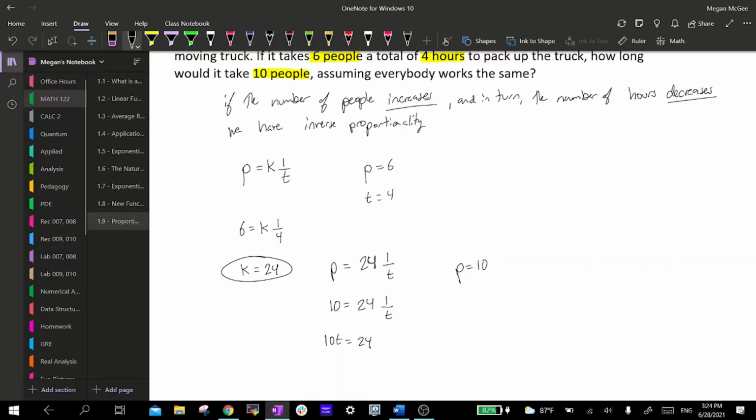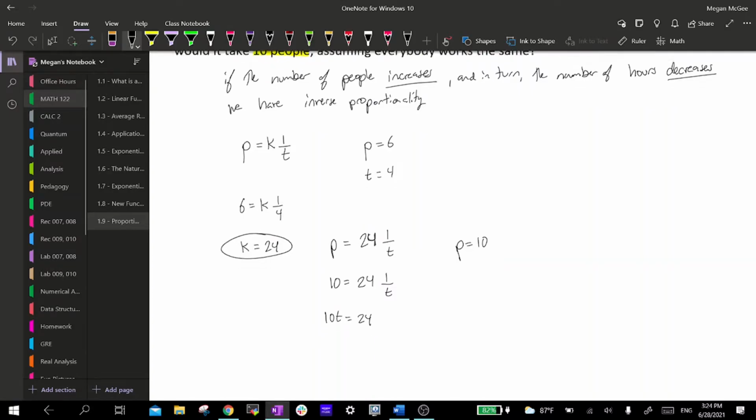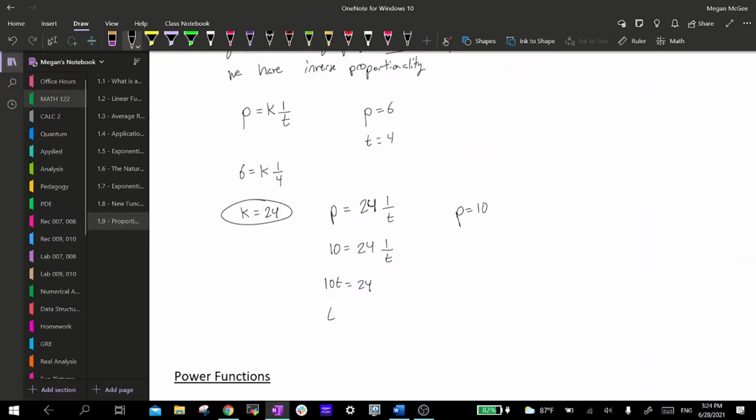To get t by itself, we divide both sides by 10, and t is equal to 24 over 10, which gives us 2.4 hours. So, assuming all of their friends work at the same pace, if they have 10 friends helping them out, it would only take about 2.5 hours instead of 4 hours.